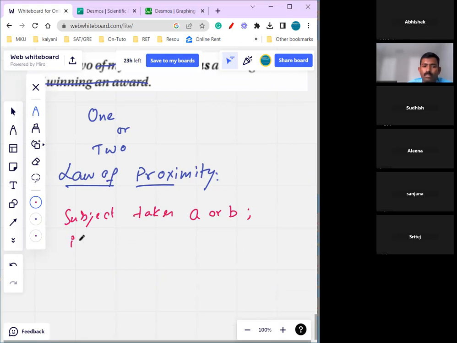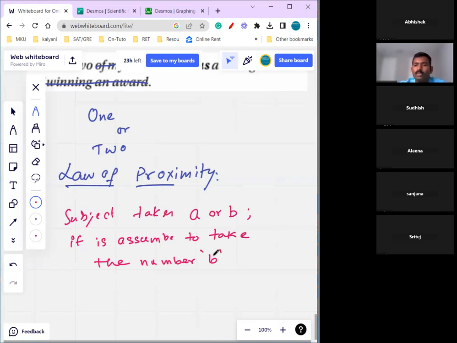It is assumed to take the number of B. So the one closest, which is basically the B, is the one you're going to take into consideration.